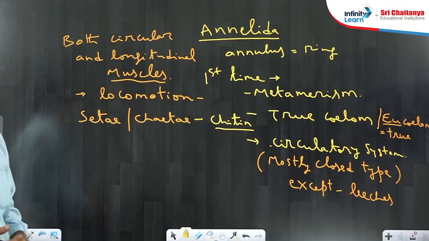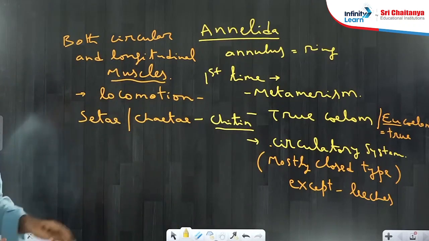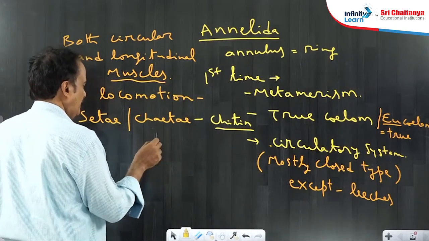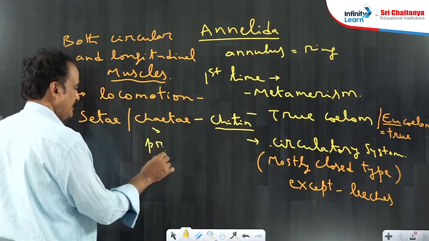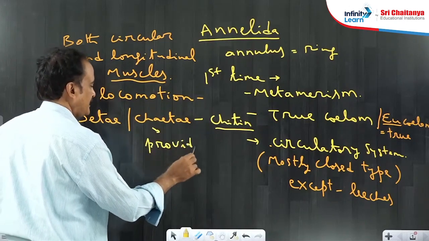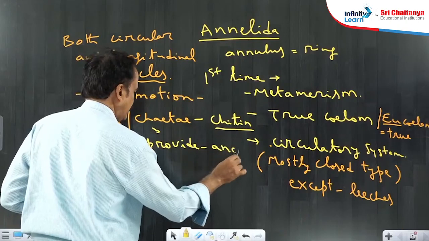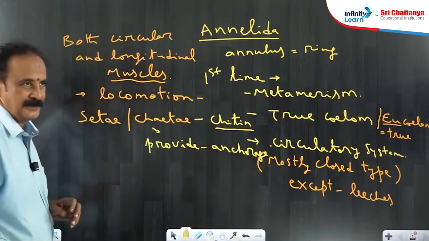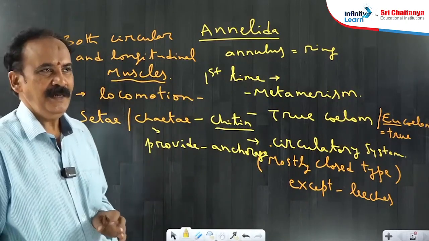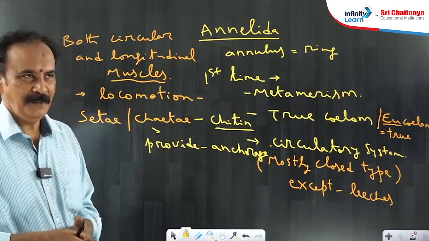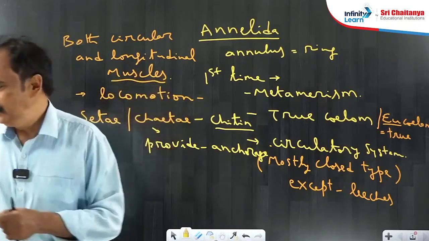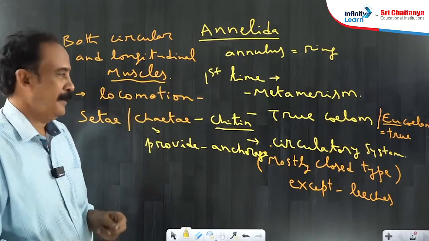Chitin, as you know, is a polysaccharide. These structures provide anchorage. What is anchorage? Anchorage means they provide the grip, so that they can hold the surface and the organism can move forward.